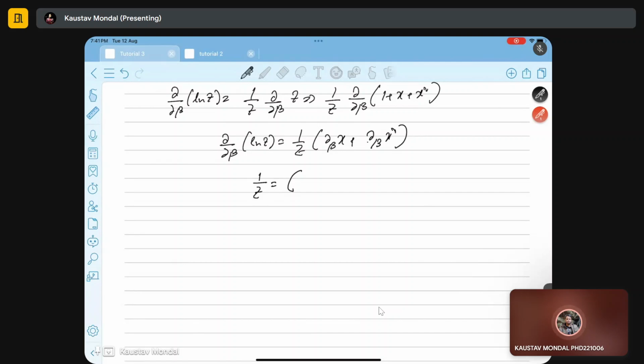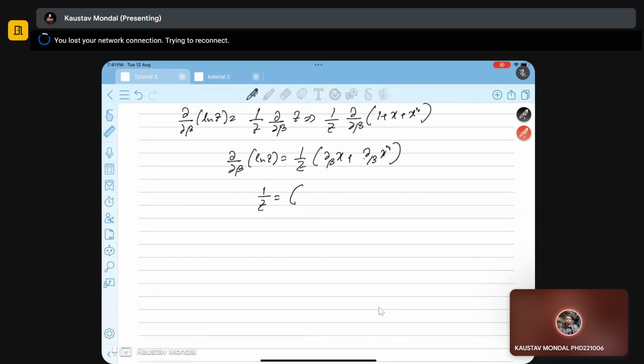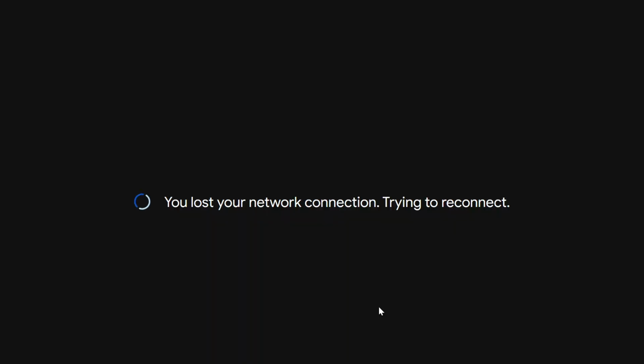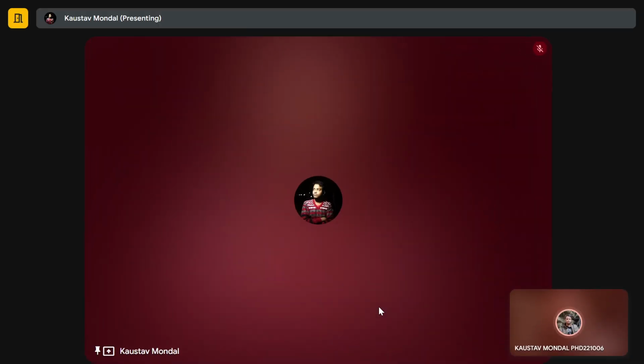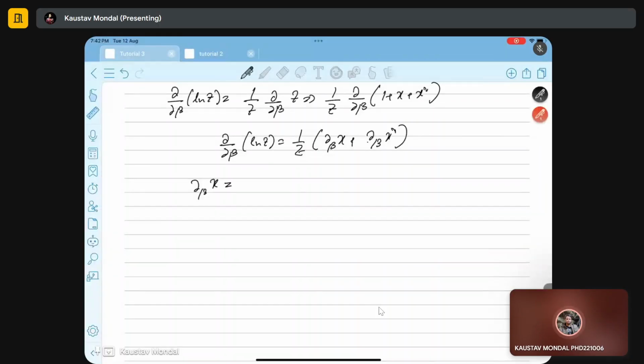We're computing this, right? So del x by del beta, the derivative of x with respect to beta, is nothing but minus epsilon e to the power minus beta epsilon, so that means minus epsilon x.